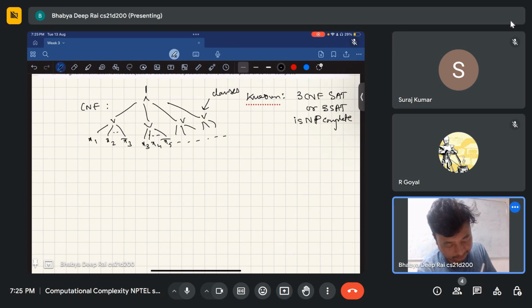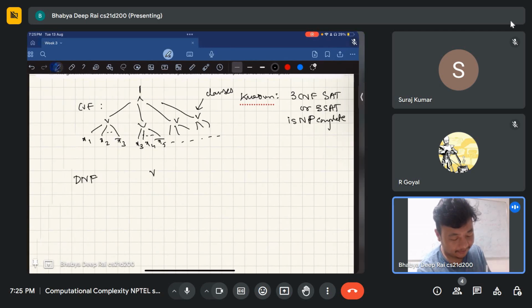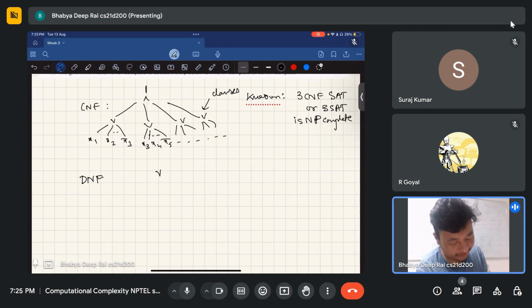Now, I am writing it as disjunctive normal form because disjunction is another word for OR gate, and conjunction is another word for AND gate. There is an OR gate at the top, and I have AND gates at the bottom.